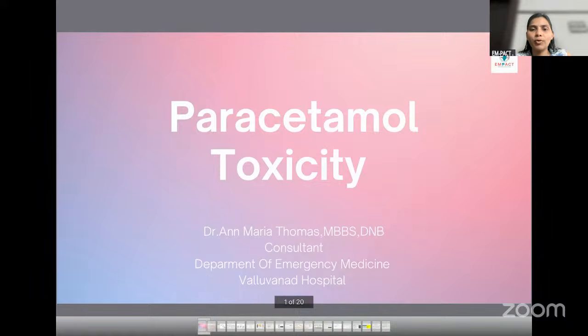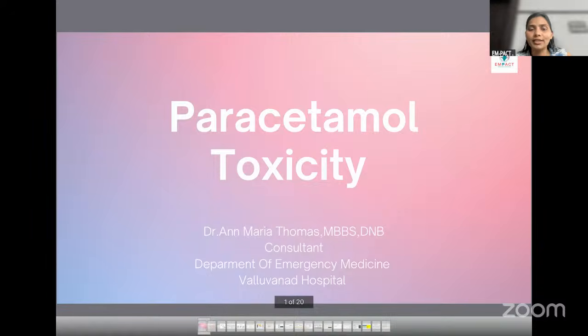When the paracetamol gets absorbed, most of it, that is 90%, is metabolized by glucuronidation and sulfation, and it gets metabolized into inactive components that are eliminated through urine. The other remaining 10% is oxidized by the cytochrome P450 system.